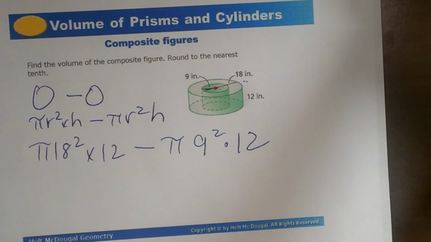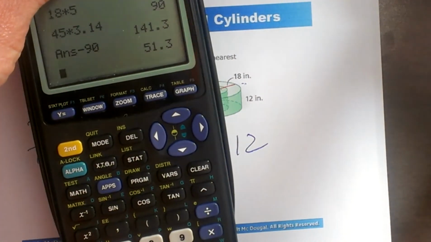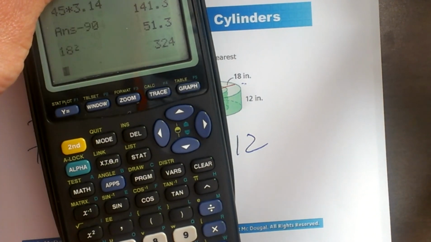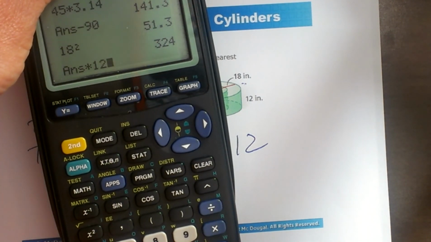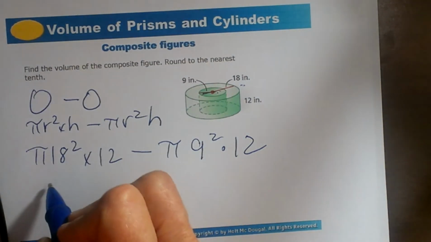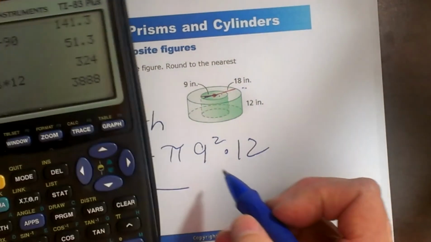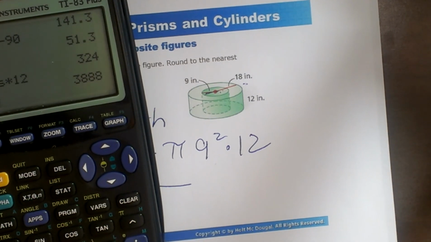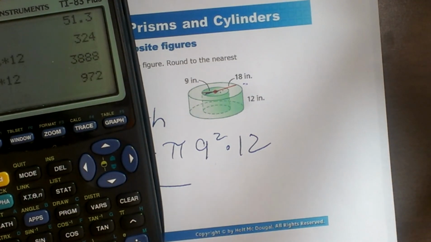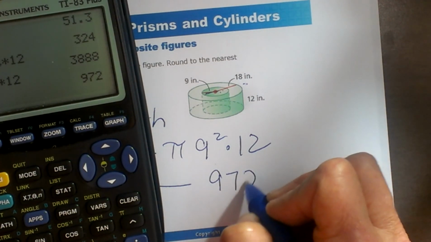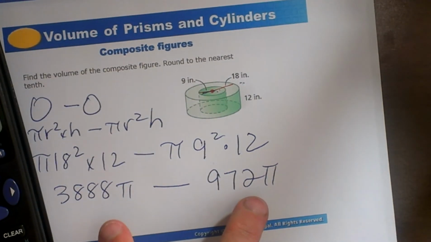And let's crank this out. Okay, 18 squared times 12. That's going to give me 3,888 pi minus, okay, 9 squared is 81, and 81 times 12 is 972 pi. So now I'm going to subtract these.